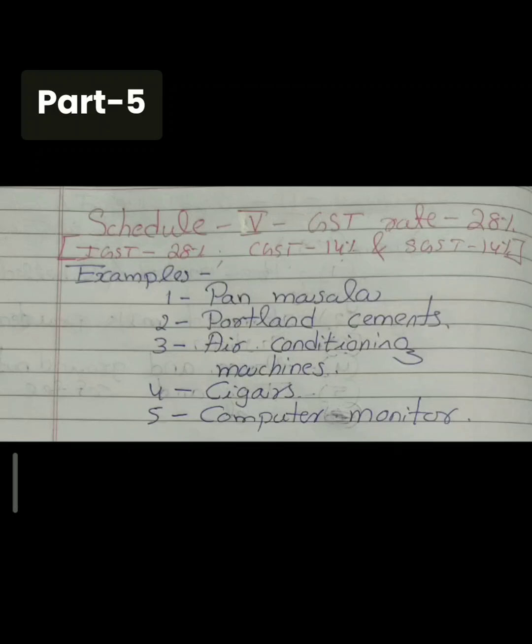Examples of goods with GST rate 28% all over India: pan masala, Portland cement, air conditioning machines, cigars, computer monitors. Some more examples are there, but this much is enough.